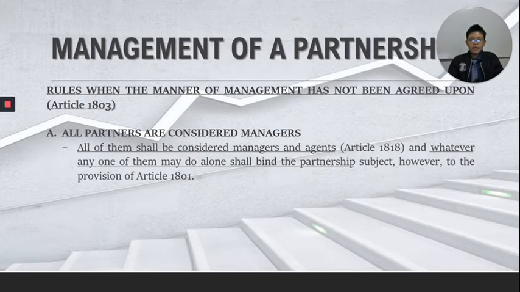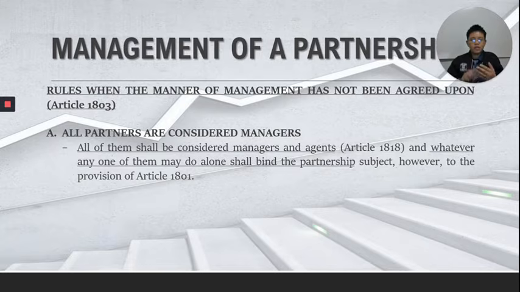So, dahil lahat sila ay managers, if may act yung isa, let us say 5 sila, o managers silang lahat. Tapos, merong act yung isa, so anybody, any of the 4 can oppose because they are considered as managers, all of them. So, yun ang kailangan nating tandaan.